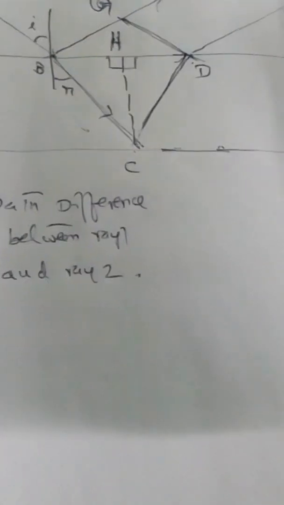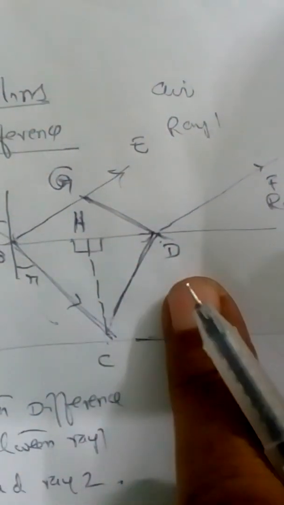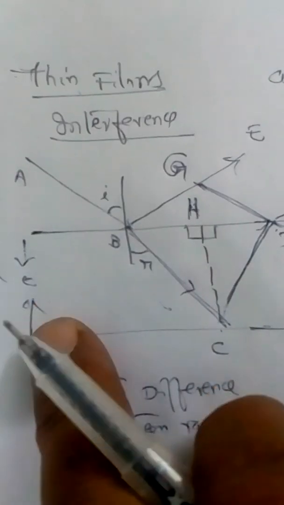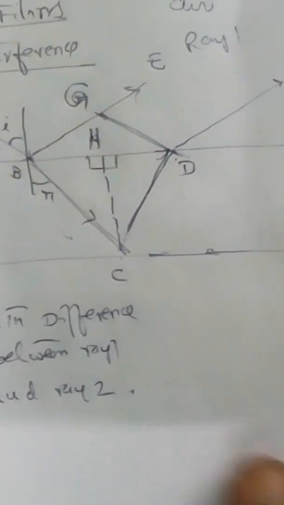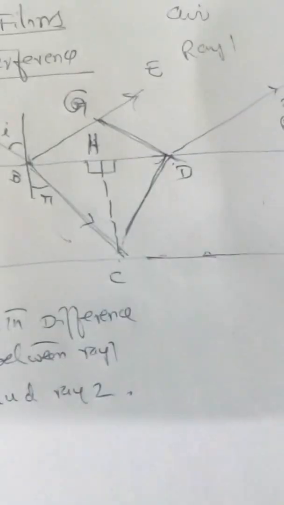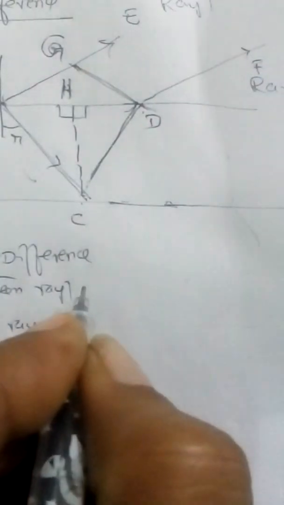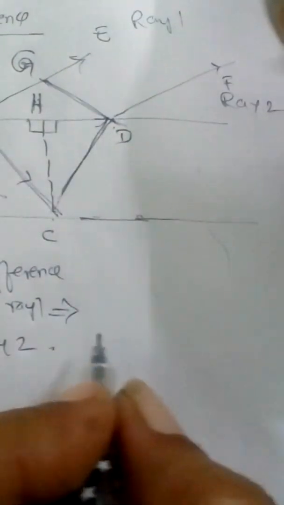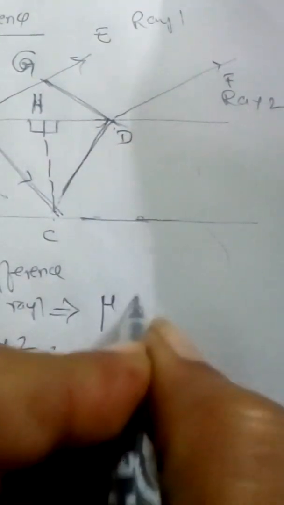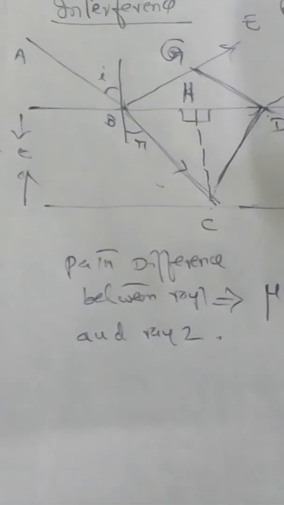So how do we calculate? To calculate the path difference, here is the medium air. Here is the medium film whose refractive index is mu. Air refractive index we all know is 1. So the path into refractive index gives you the path difference. So the path difference between ray 1 and ray 2 can be computed as mu into, that means I am calculating the path within the film.